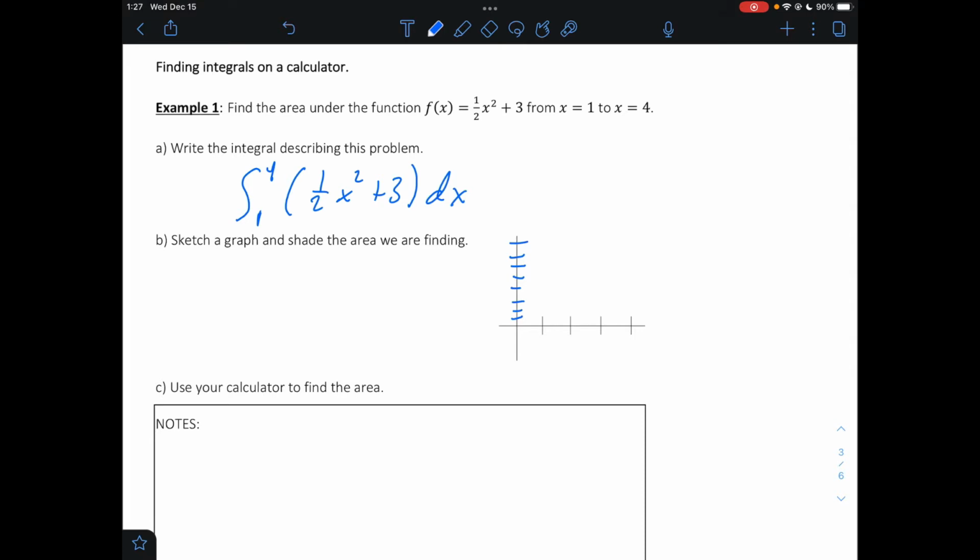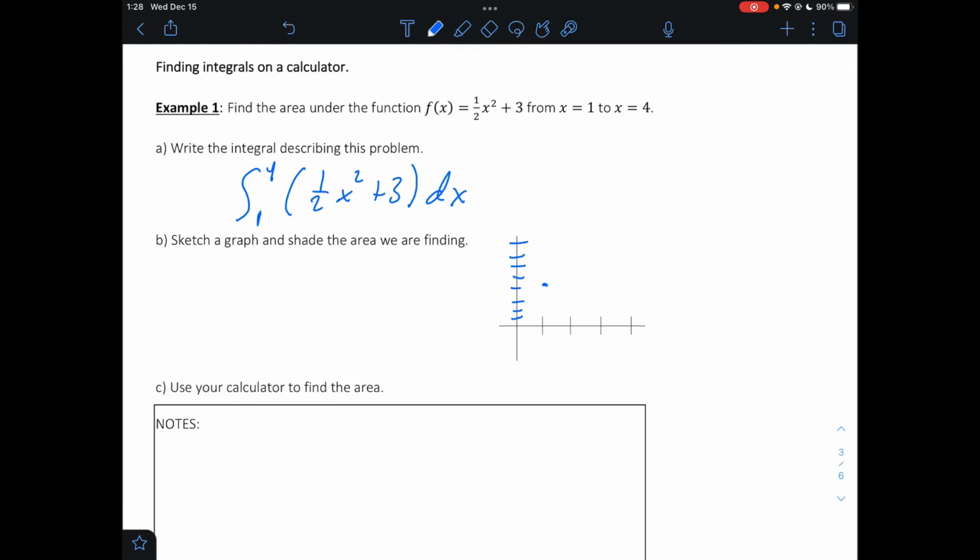All right, so now we're trying to sketch a graph of this and shade what we're finding. So what we're going to do is put 1 and 4 into this equation, get back our y values, and draw a graph of what this would look like. Really it's just a parabola, and the vertex is at 0, 3. If we put 1 in for x, we would get 1 comma 3.5.